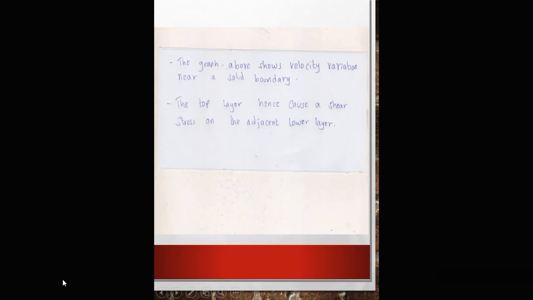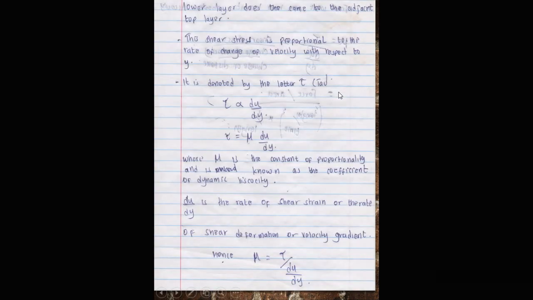The top layer hence exerts a shear stress on the adjacent lower layer. The lower layer does the same to the adjacent top layer. This shear stress is proportional to the rate of change of velocity with respect to y. It is denoted by the letter tau, that is, tau is directly proportional to du over dy.